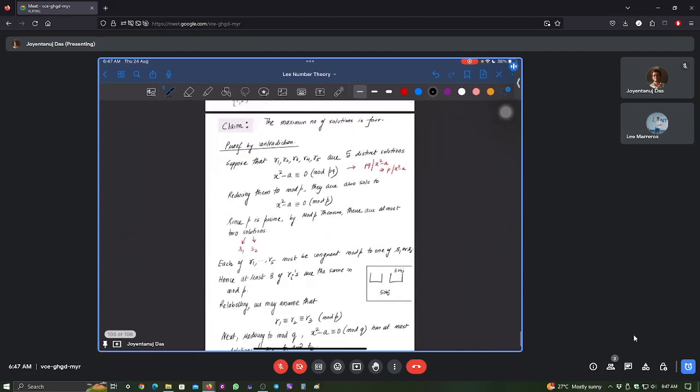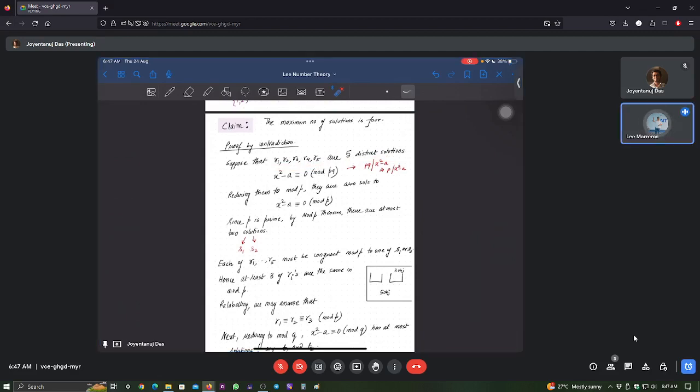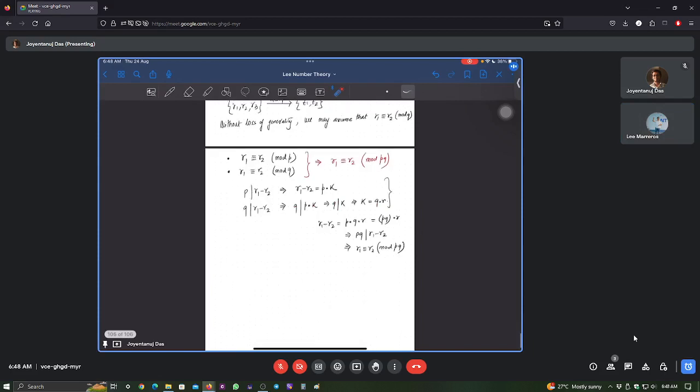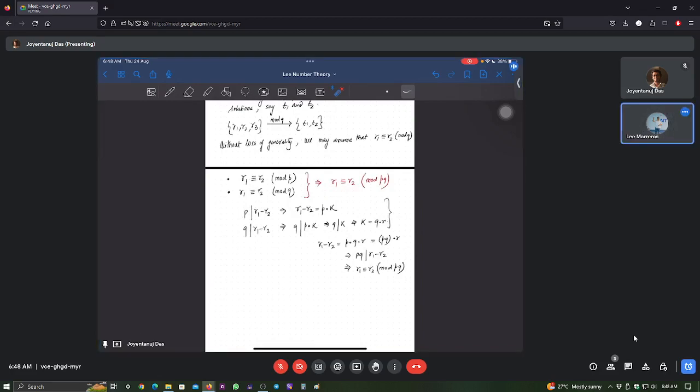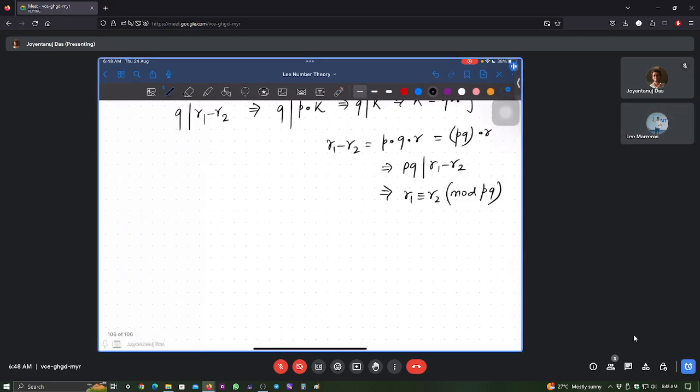We started with R1, R2 up to R5, five distinct solutions. Distinct means they are not congruent to each other modulo PQ. But here we proved that two of them are equivalent. So this is a contradiction.